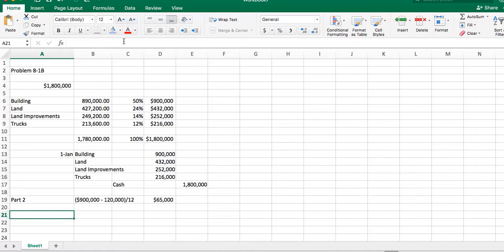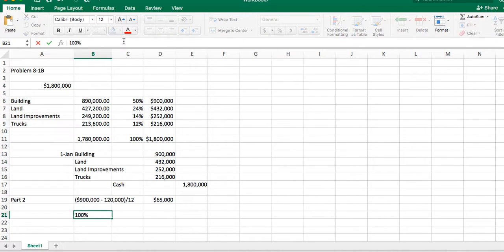For double declining, you don't take into account the salvage value, which there is no salvage value on this one anyway. And so to do double, we take 100% and we divide by 10 years and we multiply by 2 because it's double. And so we have a 20% depreciation rate. So to calculate that, this is part 3.